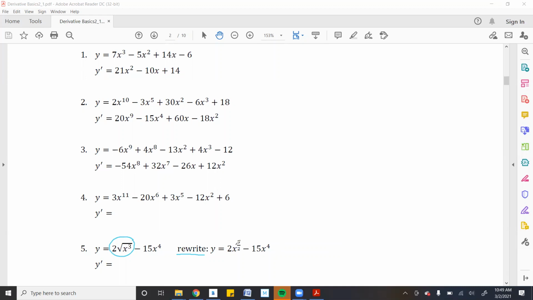Instead of the square root of x cubed, we're going to write that as x to the 3 halves. And if you're feeling a little rusty on turning radicals into rational exponents, then maybe spend some time reviewing that this next week.